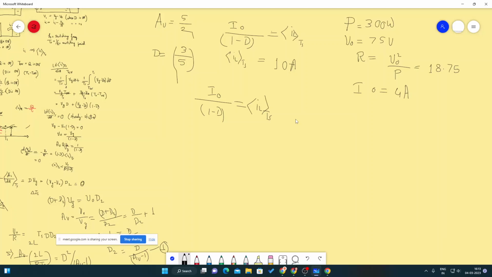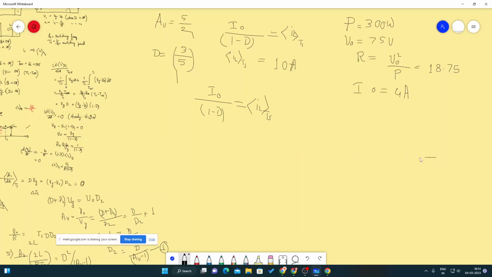I have still one more doubt. This inductor current is going through that diode, through that capacitor, and then through the load, right? So why are their average values differing? The load has 4 ampere, the average through the capacitor is 0, and why is the average through the inductor 10?